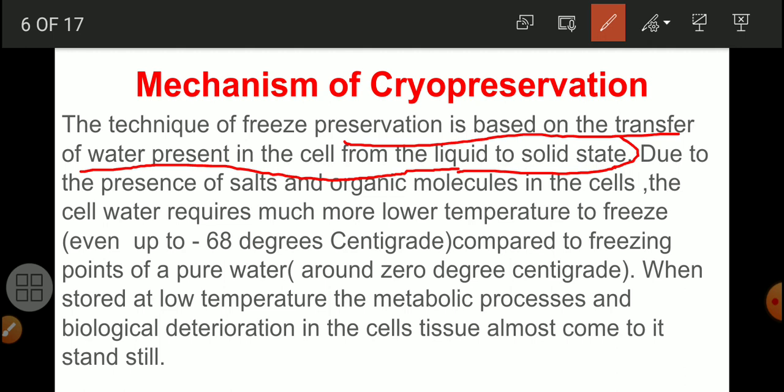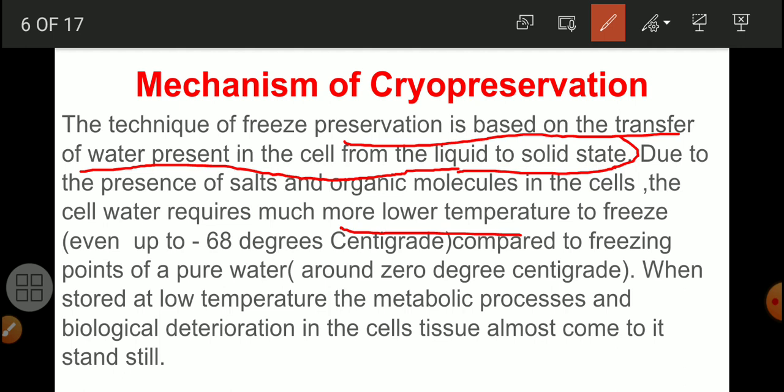state, and due to the presence of salts and organic molecules in the cells, the cell water requires a much lower temperature. We know why minus 196 degrees centigrade temperature is required for putting that cell to zero metabolism, because in a plant cell the water also shows the presence of salts.